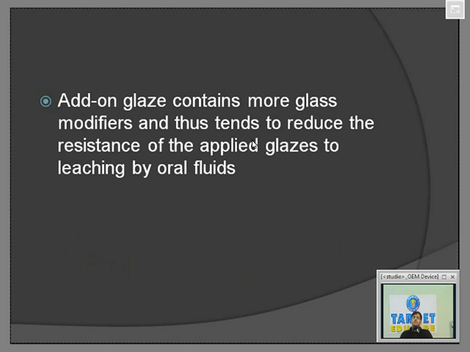Because add-on glaze contains more glass modifiers and thus tends to reduce the resistance of applied glaze to leaching by oral fluids. So add-on glaze layer has more glass modifiers and is susceptible to leaching by the oral fluids.